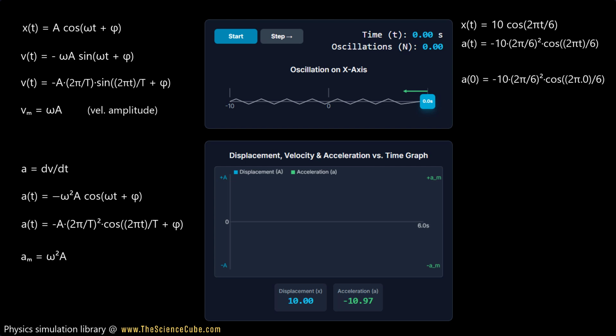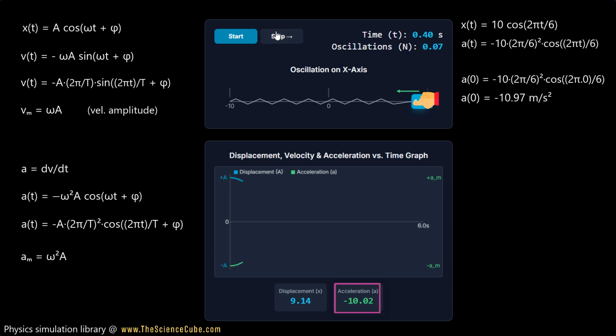And what you find is this equals -10.97 meters per second square. And this is the maximum acceleration or the amplitude of acceleration, which also makes sense because you can see the spring is totally stretched out and therefore experiencing maximum force in this direction and therefore maximum acceleration.